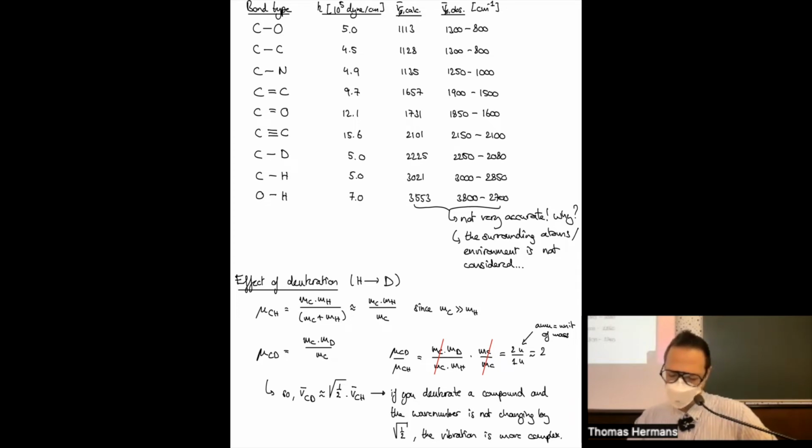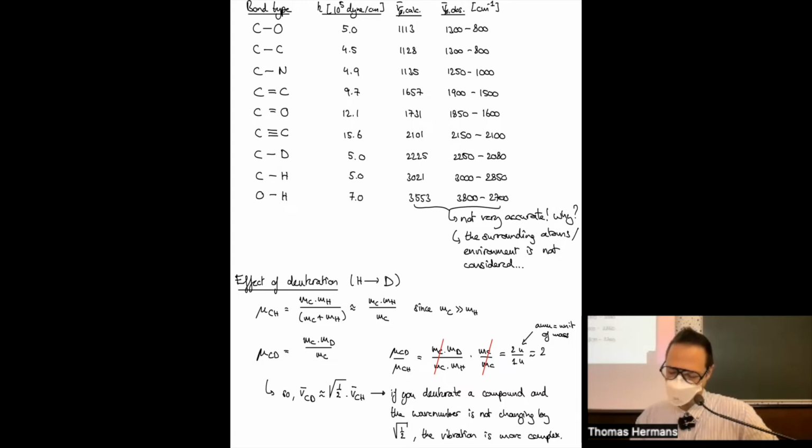So we have the force constants, and we can calculate these values using Hooke's law. And these are the observed experimental values. You can see that this calculation we're doing with Hooke's law is not terribly accurate. If you look here, 1113, and the reality is here.